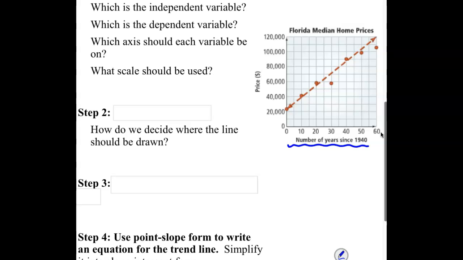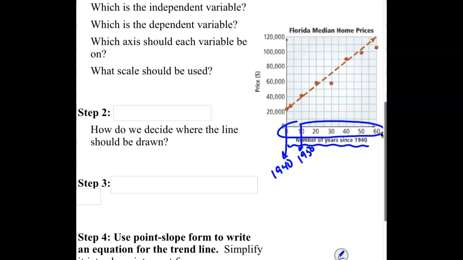It is really common, instead of having our x-axis have to start with 1940, we want to adjust it. So what they've stated here is that the numbers in our x direction here represent the years since 1940. Okay, so they're adjusting it. That means time 0 here is 1940. Time 10 would be 1950.